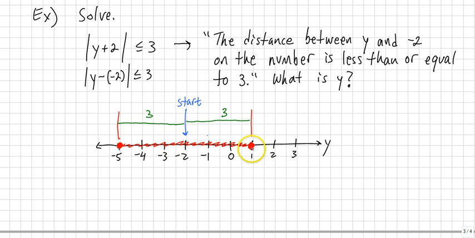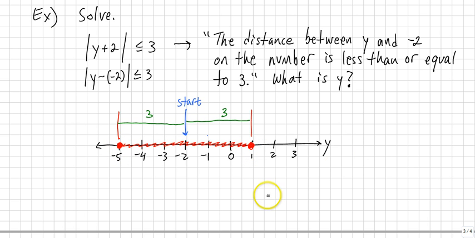We went 3 units out because our distance can be equal to 3, and then we want all the numbers whose distance is less than that. That would be stuff even closer to -2. So we end up with everything from -5 up to +1.